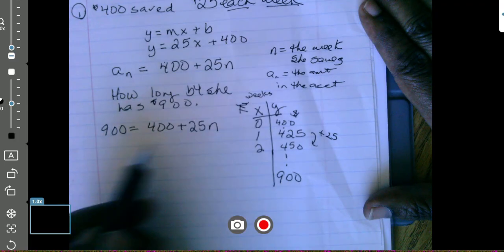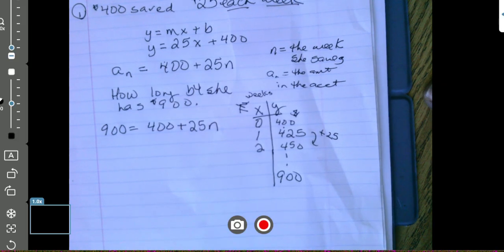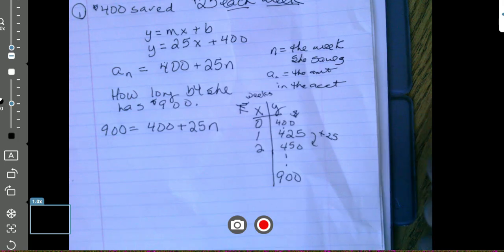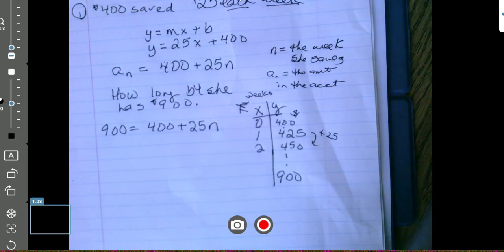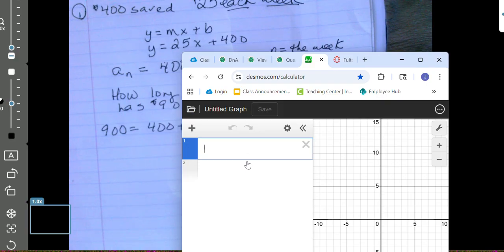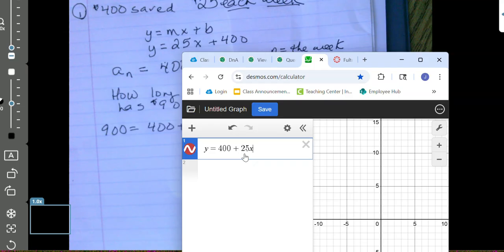You can work it like this equation, or you can go to Desmos and put this into the graphing calculator. n is the number of weeks. That's what we do not know. So let me show you Desmos. I come over here to Desmos and I type in y equals 400 plus 25x. And y'all, stop getting these variables mixed up. This is a coordinate plane.